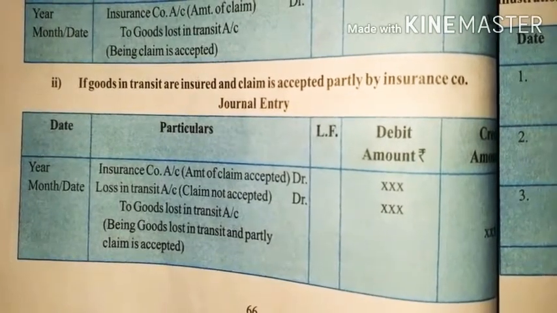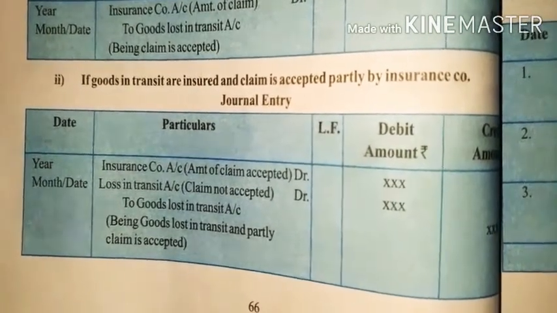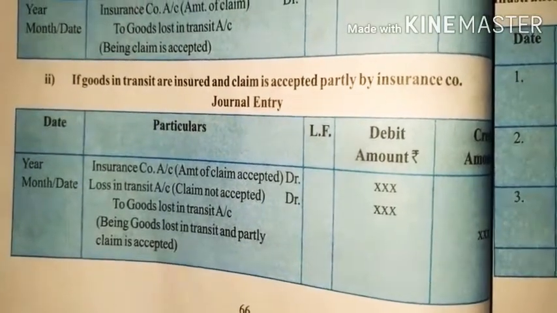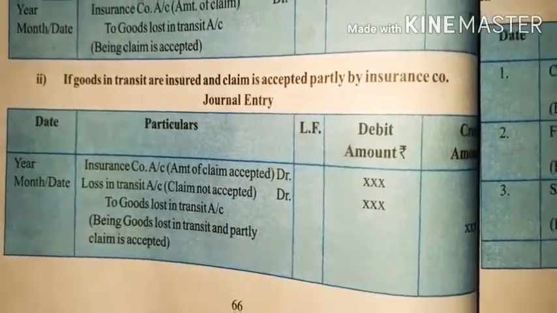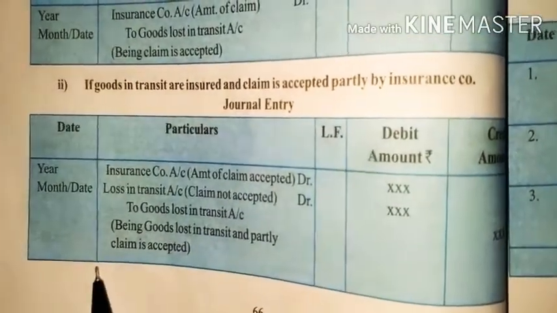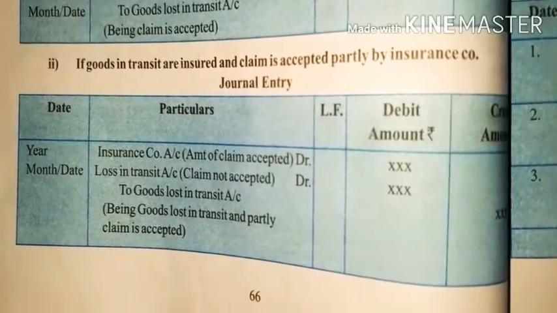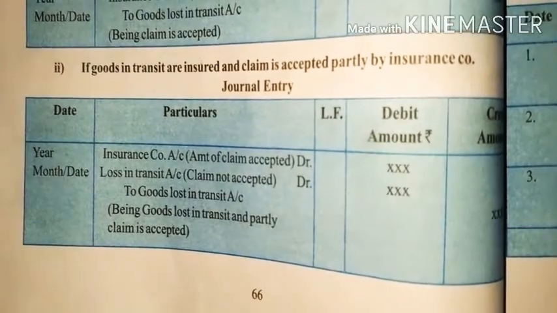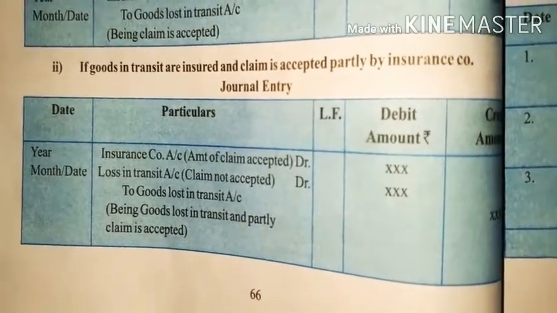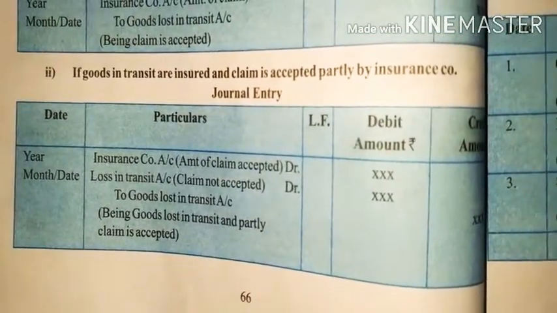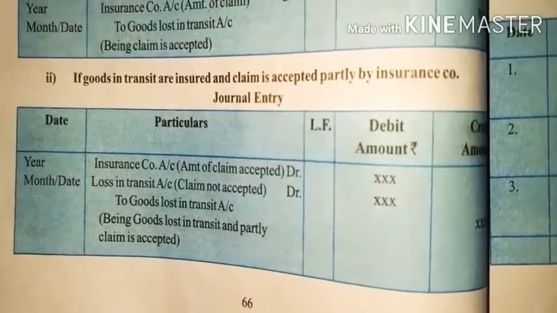How much amount of insurance claim it is going to give you and how much it is going to reject. Being goods lost in transit and partly claim. The word partly claim is very important in the transaction and in the narration you are going to post in the journal entry. Without this, the whole journal entry will be of no use.